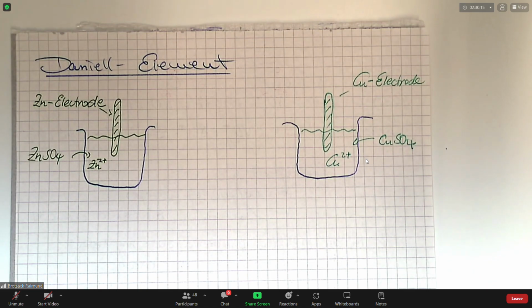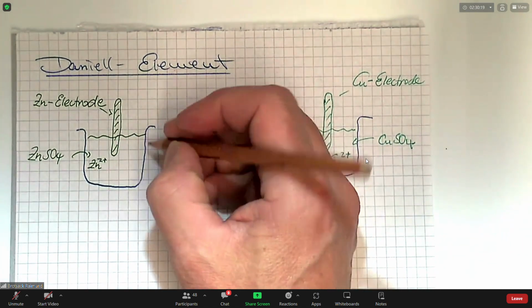Now we add something additionally, we call it a salt bridge.